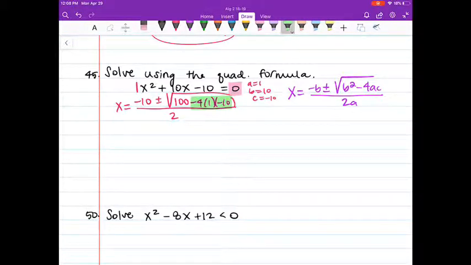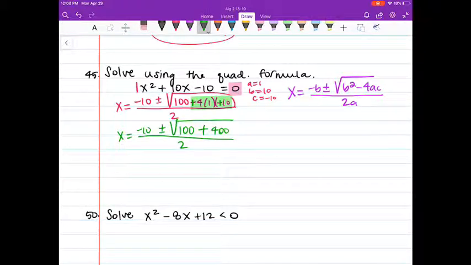First of all, notice that you've got two negatives. Negative times a negative is a positive, so you can change those both into pluses. So we'll have negative 10 plus or minus the square root of 100 plus 4 times 1 times 10 is 400, all over 2.